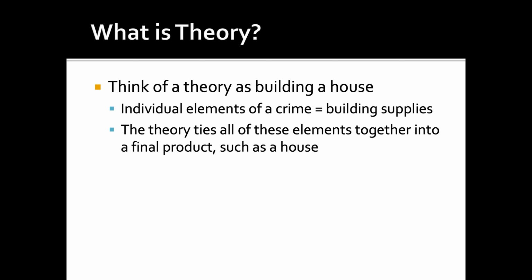You can look at race or ethnicity, and then that can be tied to the structural elements of the neighborhood in which individuals are from and what they're being taught. So that gets us into social learning and all these other things. All of those little components, and there's tons more that I left out, think of those like building supplies for a house. That can be your lumber, your PVC pipes, your concrete, bricks, whatever. I don't know much about construction, but you get the gist of it.